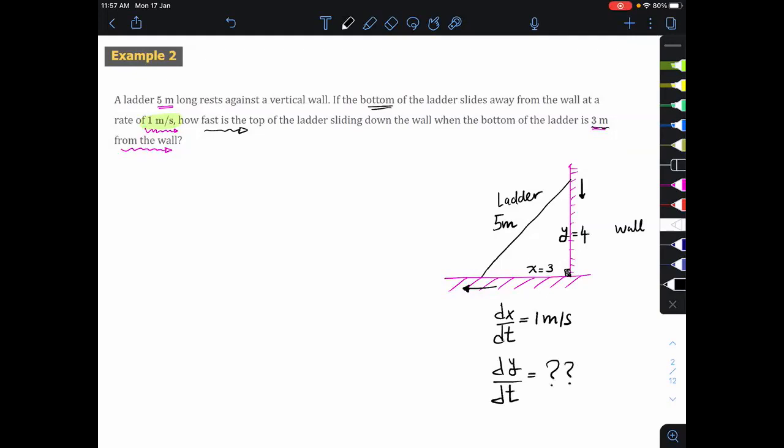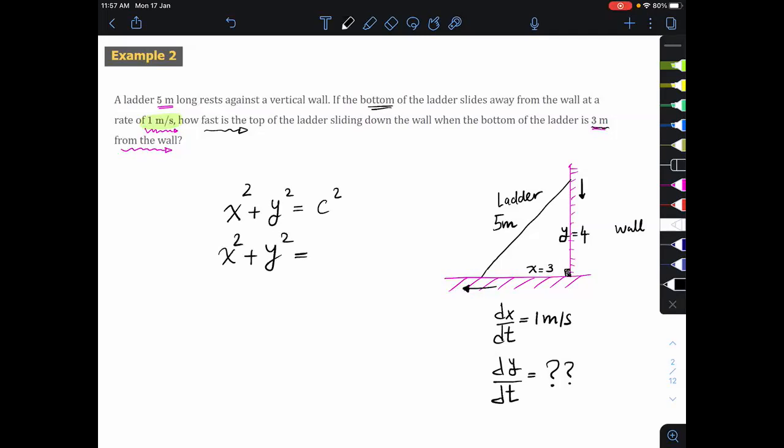This is the unknown. The equation that relates x and y here is the Pythagorean theorem, which is x squared plus y squared equals c squared. And c squared here is what?